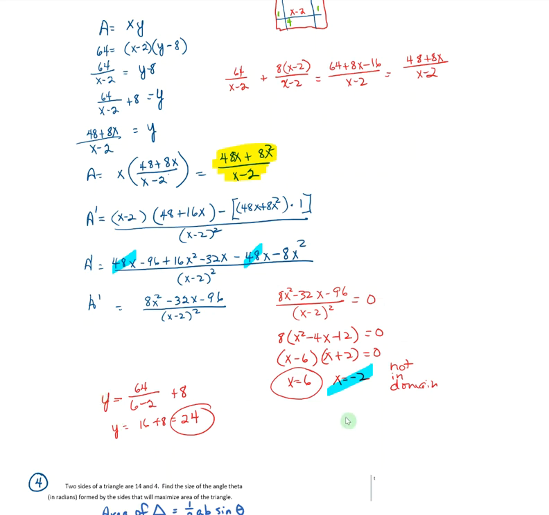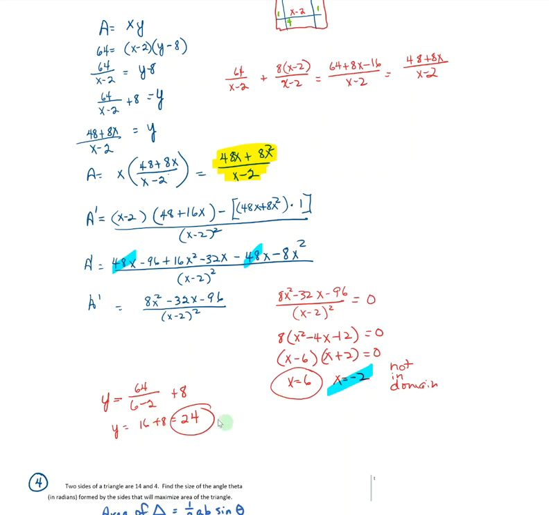Your x is 6, your y would be 64 over 6 minus, yes, I'm sorry, back up here to this one. Y equals 64 over 6 minus 2 plus 8, and that would be 64 over 4, which is 4 times 14, I think that's wrong.